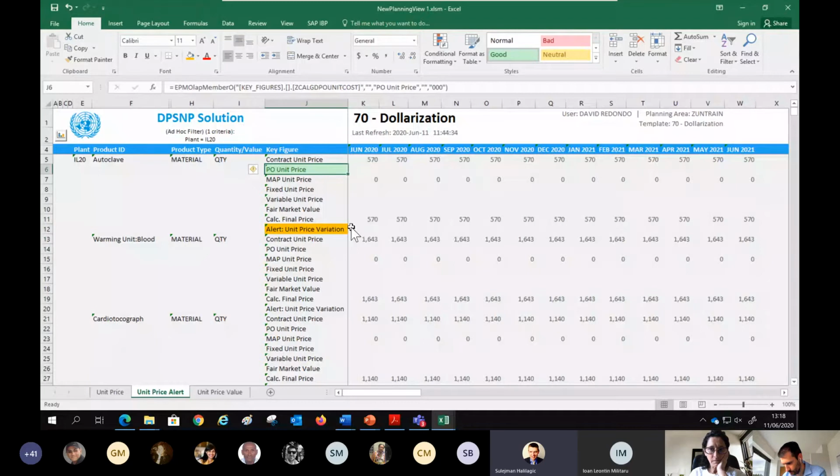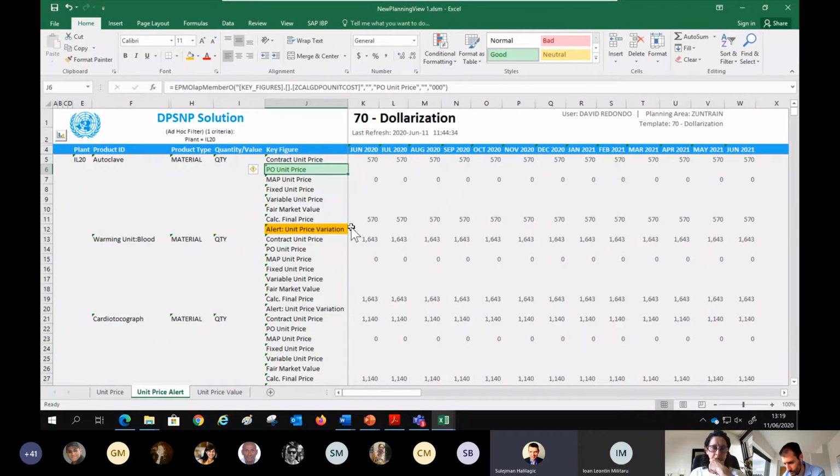It will be interesting to see how the system reflects changes in prices, because this will be an iterative process, done every month. We will go through all these steps so that we update the rolling plan. So maybe it is interesting to see a situation where contract price changes over a period of time, whether that will be captured with the next iteration.